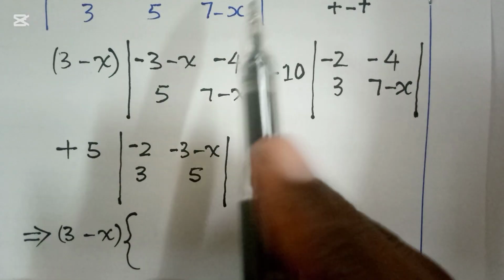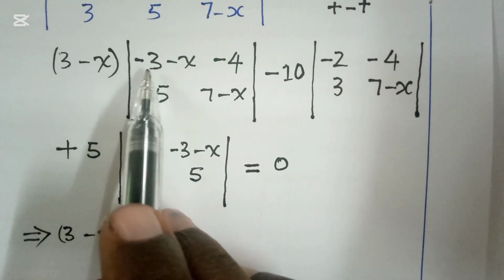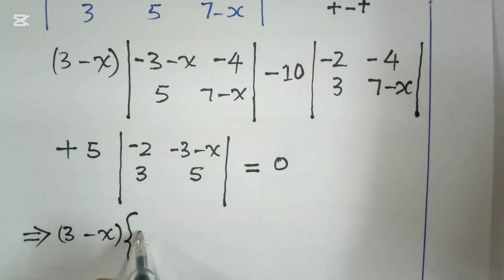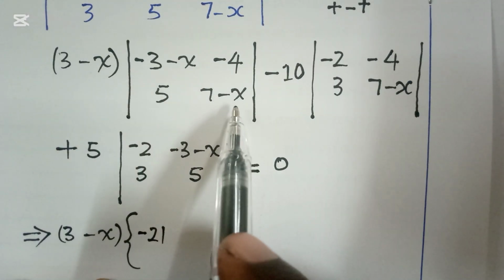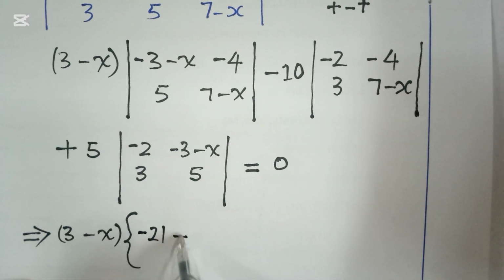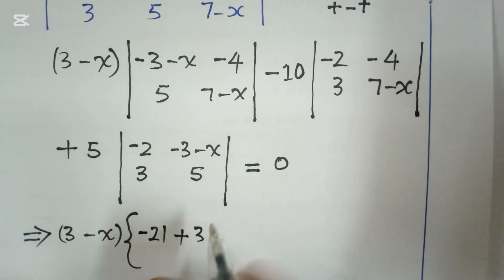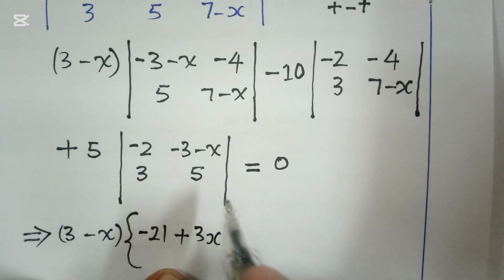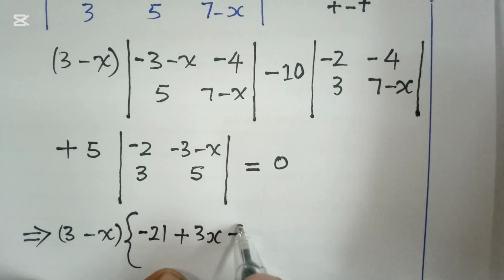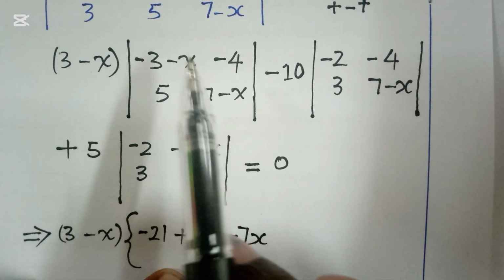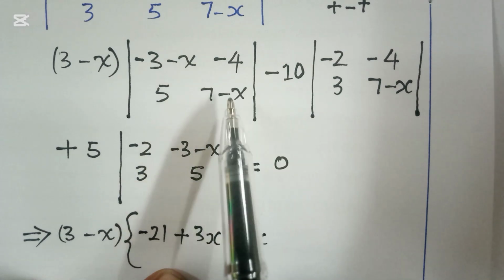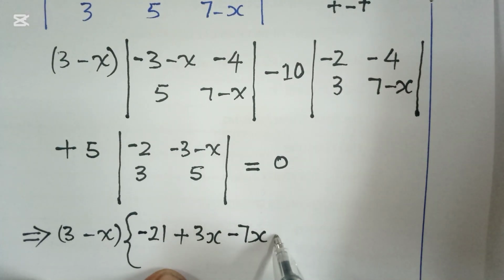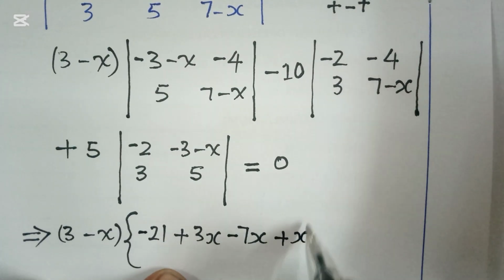So the product of this is going to be minus 3 multiplied by 7 is minus 21. Minus 3 multiplied by minus x is plus 3x. Then minus 3 multiplied by 7 is minus 7x. Minus x multiplied by minus x is plus x squared.